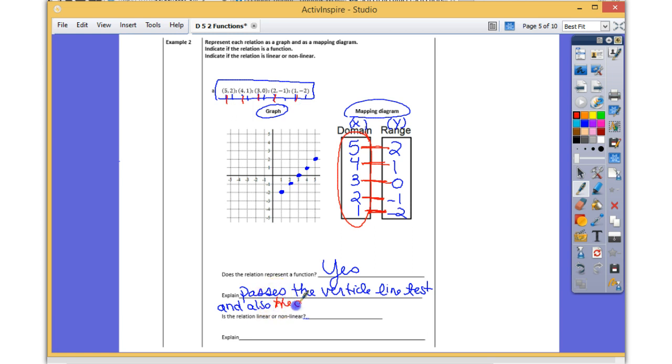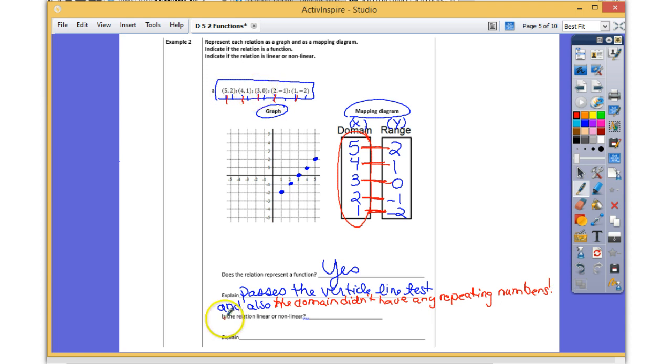Also, the domain didn't have any repeats or repeating numbers. So we didn't have 2 5s or we didn't have 2 2s. So I know that that is a function.